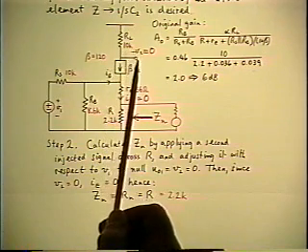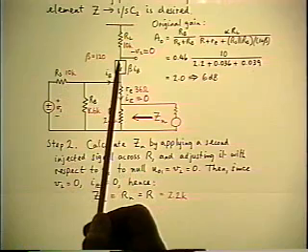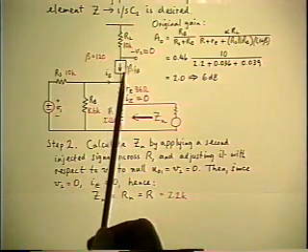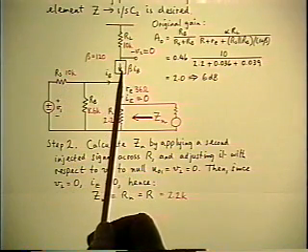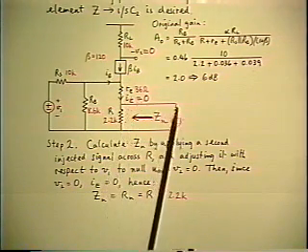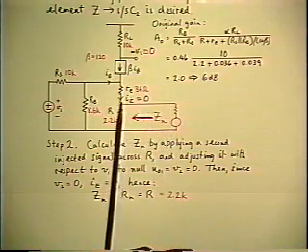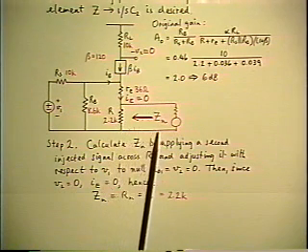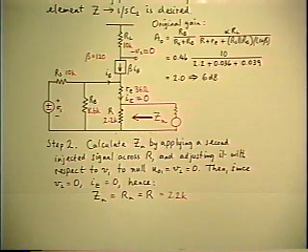If V2 is 0, there must be 0 current in RL. So there must be 0 collector current. So there must be 0 emitter current. So all of the current from the second source goes down R, therefore Zn equals R. Easy, isn't it?